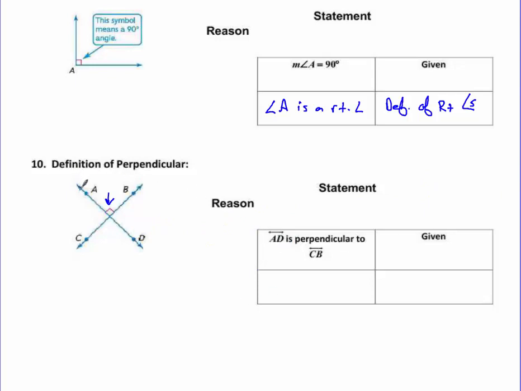So when you have a line AD perpendicular to CB, you know that angle 1, angle 2, angle 3, and angle 4 are right angles. Now, you wouldn't write all four of them like that for your proof. You'd only write the one that you actually needed for the step you were on, but that's not really important right now. But the reason you know all of those are right angles is because you know the definition of perpendicular, and you've known it for years.